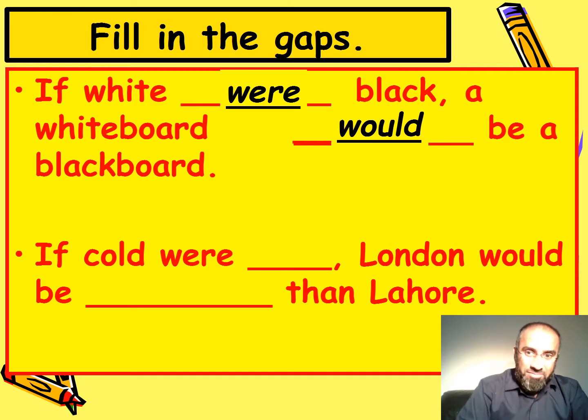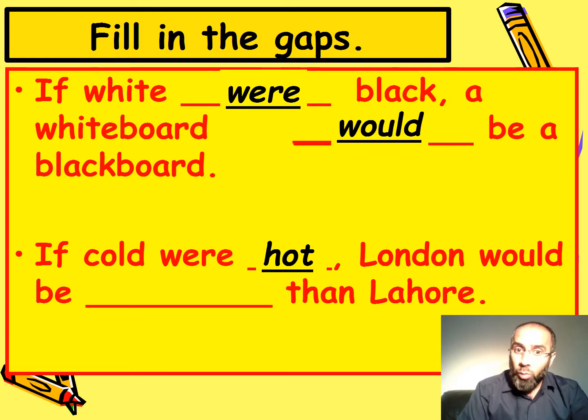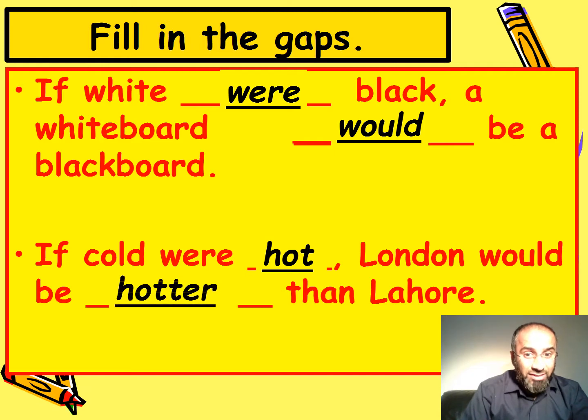Lahore is my city, by the way. Okay, if cold were hot, very good. If cold were hot, London would be, yes, excellent, very good, hotter than Lahore. Now in real world, cold is not hot, cold is cold.